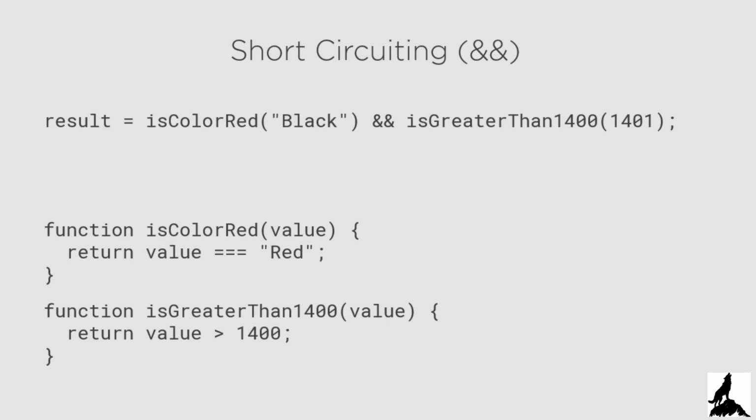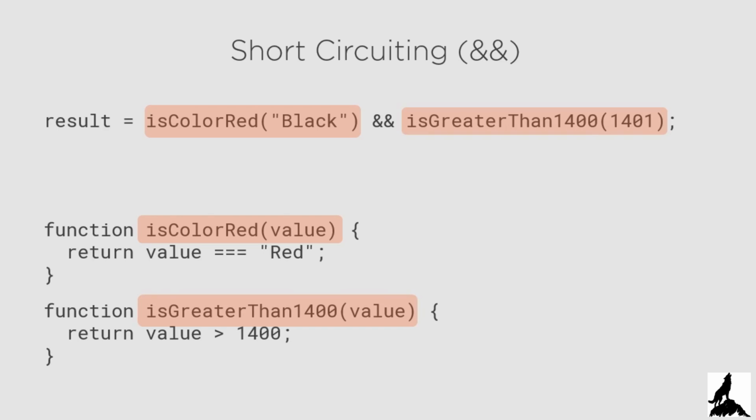So here's an example where I have an isColorRed function, and this function, if I pass in a black, it's going to return a false. Then, as you can see, I'm calling in the same expression another function called isGreaterThan1400, and I'm passing in 1401. So that will actually return a true. We're doing an AND.